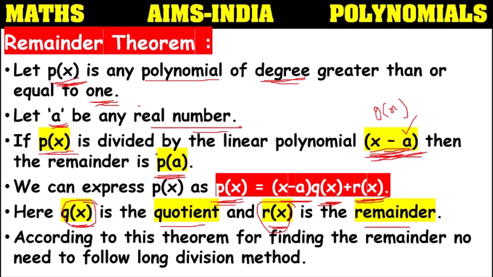So according to this theorem, we can find the remainder. When a polynomial is divided by another polynomial, we can find the remainder without the help of long division method. Without using long division method, directly we can find the remainder. In this case, we can make use of this remainder theorem.